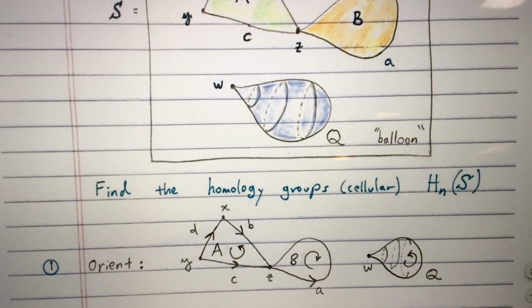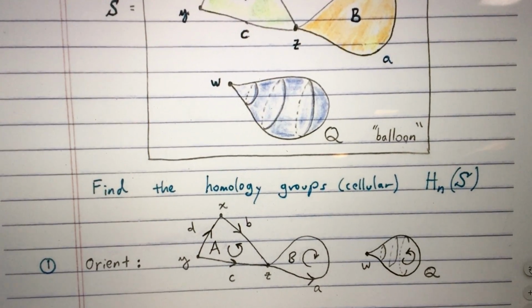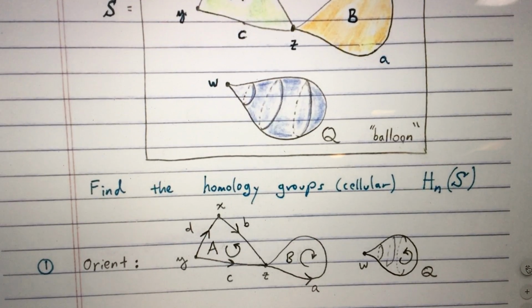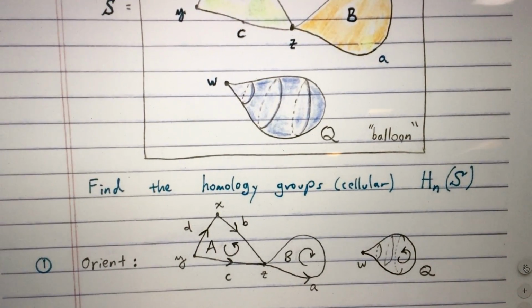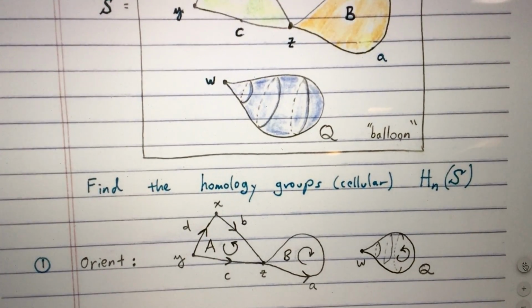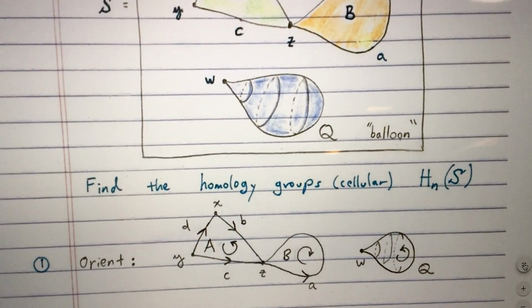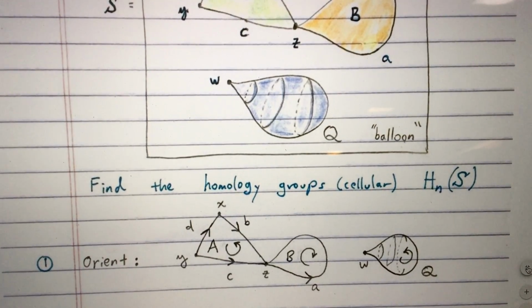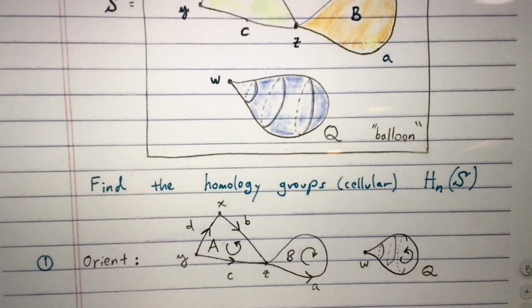I need to assign orientations to all the cells. The 0-cells, X, Y, Z, and W, don't need to be assigned an orientation. They could, but typically we just leave them as is, since their boundary is going to be 0 anyway.